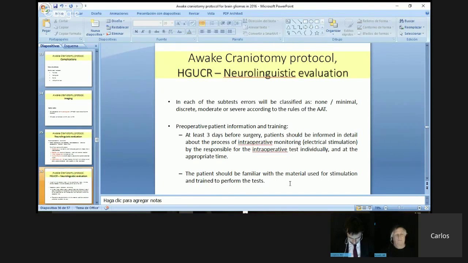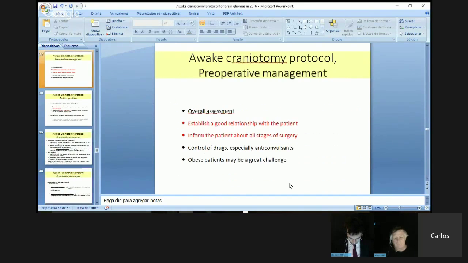Preoperatively, patient information and training: at least 3 days before surgery, patients should be informed in detail about the process of intraoperative monitoring and electrical stimulation by the person responsible for the intraoperative test, individually and at the appropriate time. The patient should be familiar with the material used for stimulation and trained to perform the tests.